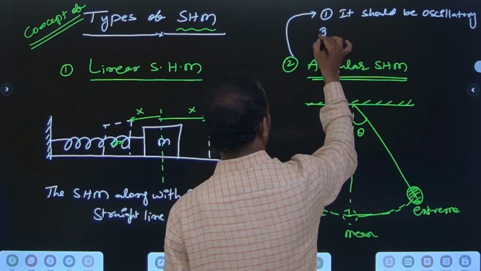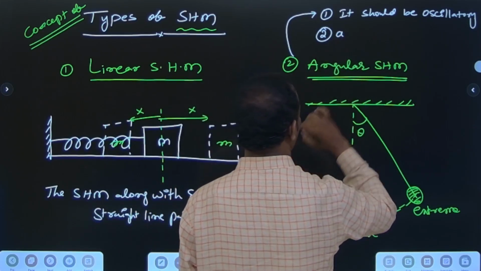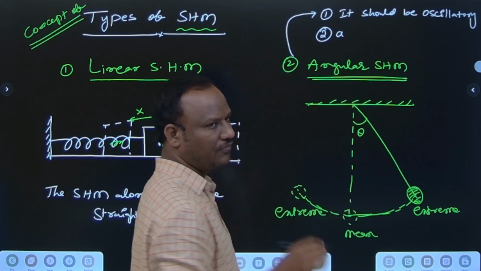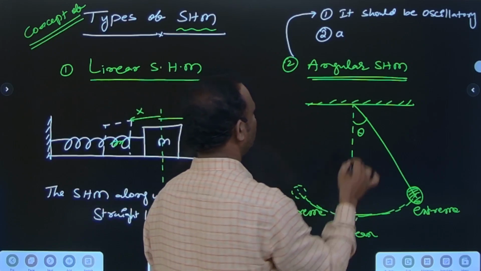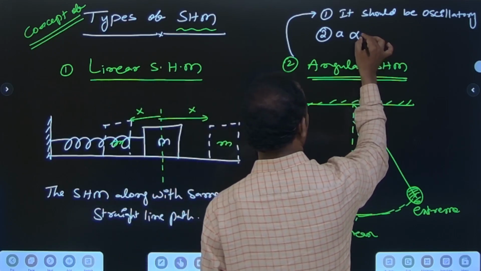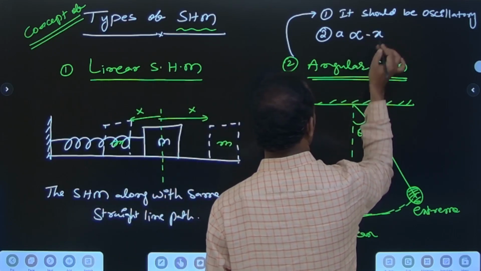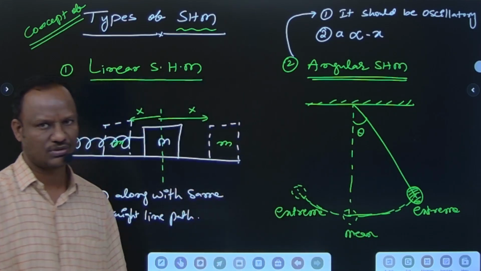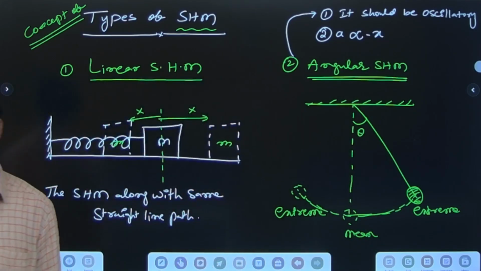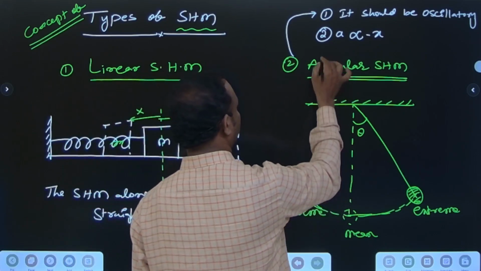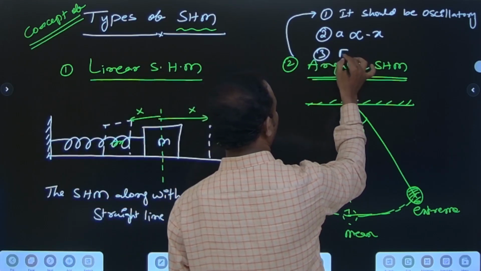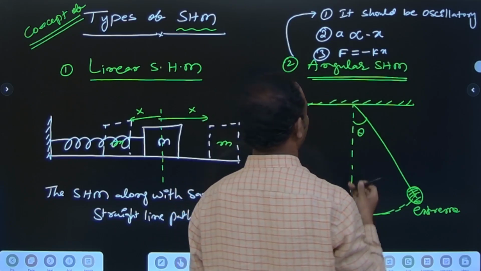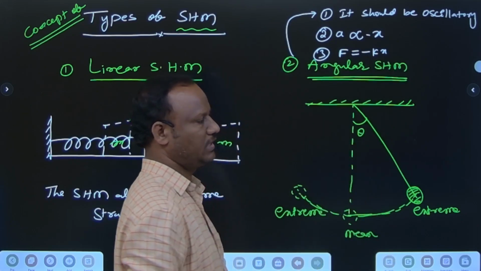Second, acceleration: the magnitude of acceleration is directly proportional to displacement. For the third condition, the restoring force F must be equal to minus kx.